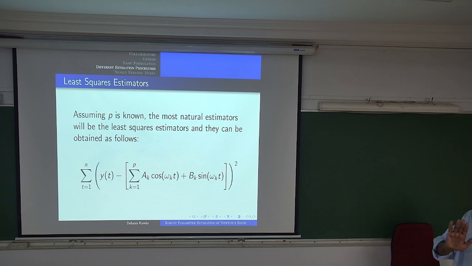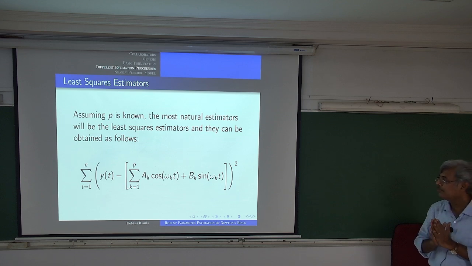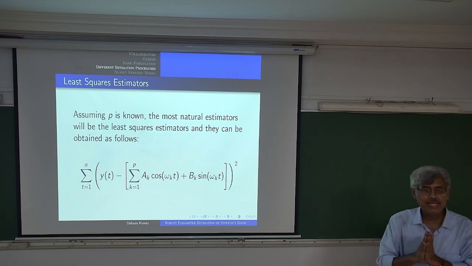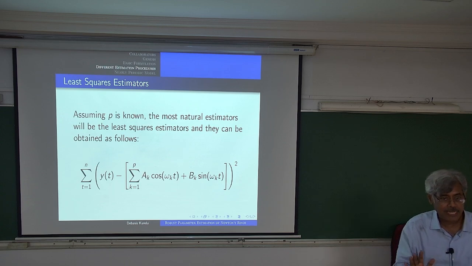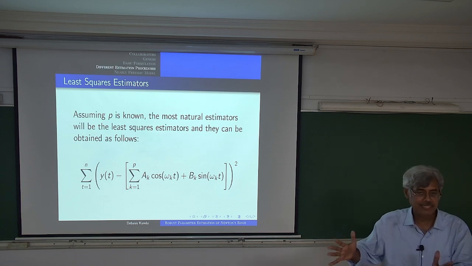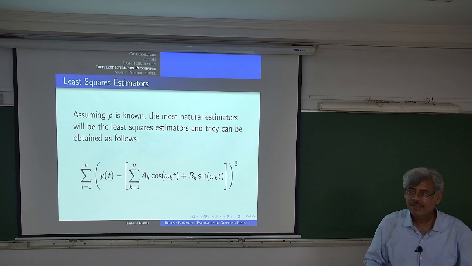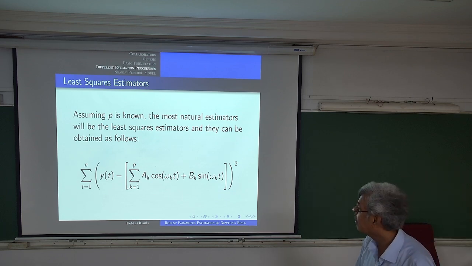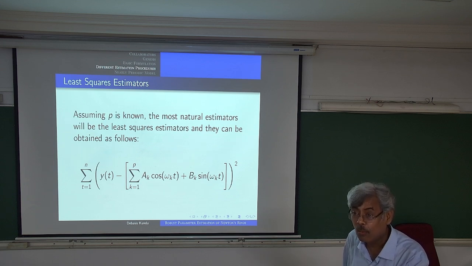Right? No, let me put it this way. I assume I have my fixed sample size for the time being, and I observe the data y1, y2, yn. So now my problem starts from there.